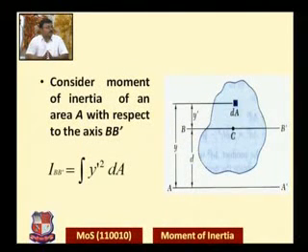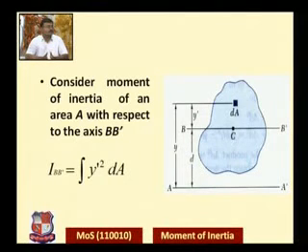Now from this figure again we can easily mention that the moment of inertia of the element dA about the centroidal axis, which is BB', is given by the formula y' square dA. Again I have just used the basic formula of the MI, which is area into square of the distance.